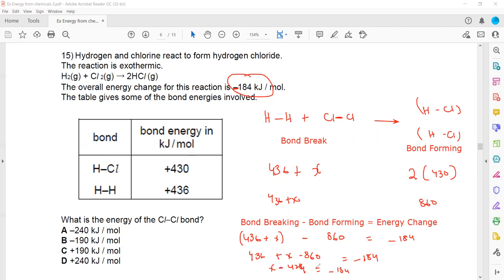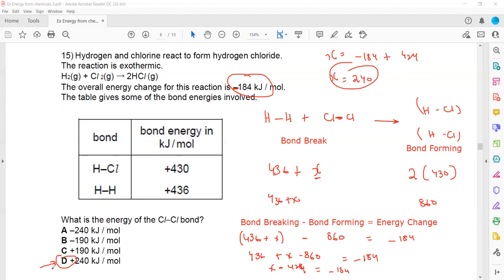This is minus on one side, so on the other side it will be added. So X will be equal to minus 184 plus 424, which gives X equal to 240. So the bond energy for Cl is 240. That's why D is the right answer.